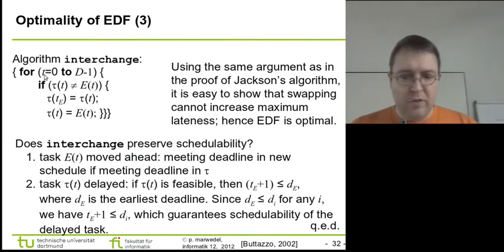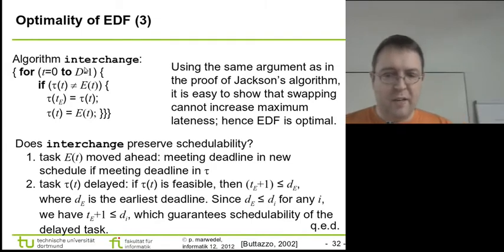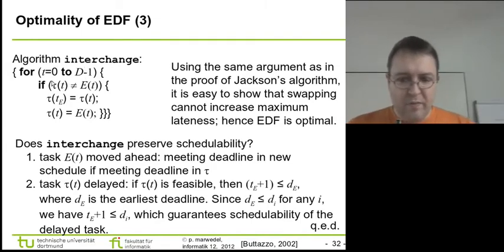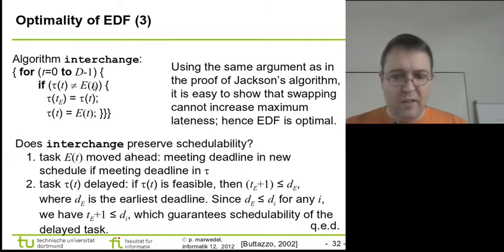This goes from point in time t equals 0 to D minus 1, so to the point in time before the latest deadline. And now it checks if the task scheduled at this point t is not equal to the task with the earliest deadline. And if so, it just exchanges the two tasks.